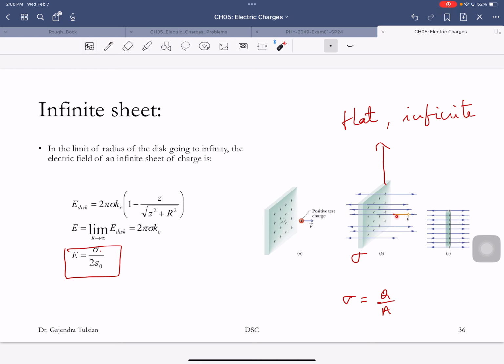Then the electric field on this side is sigma, the surface charge density, divided by 2 epsilon naught. Epsilon naught is a constant. It's called the permittivity of free space, and it's related to Coulomb's constant, like so.